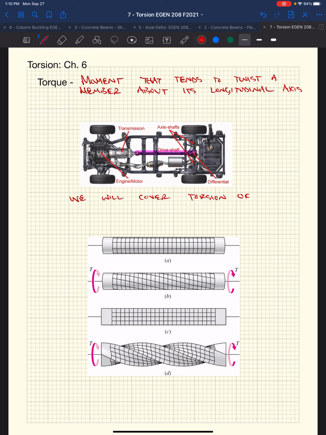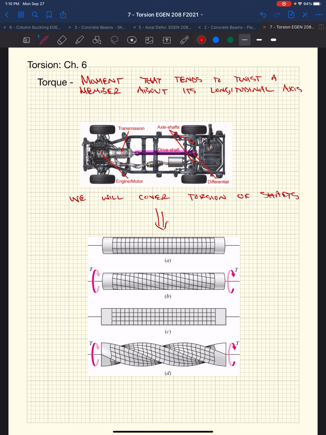And in this class, we will cover torsion of shafts, and in particular, we're going to be looking at circular shafts, solid and hollow circular shafts. When you get into square shafts, like this, it gets weird, okay? I'll put it that way. Torsional shafts behave very well as it relates to deformations, okay?